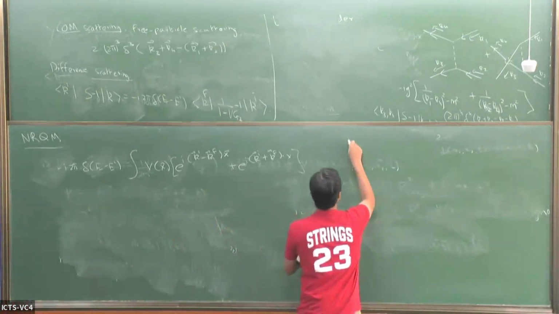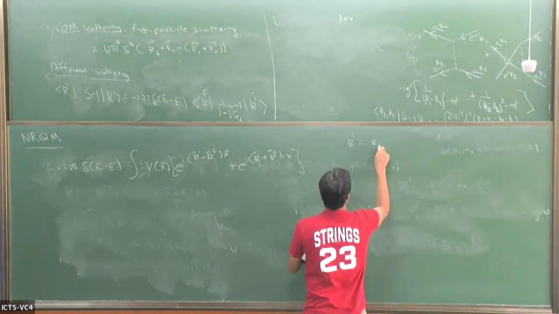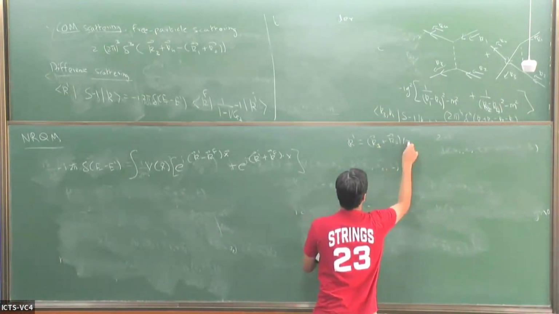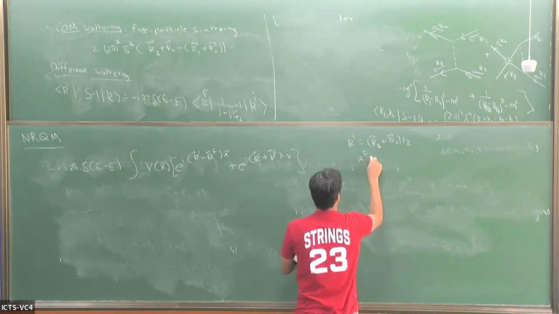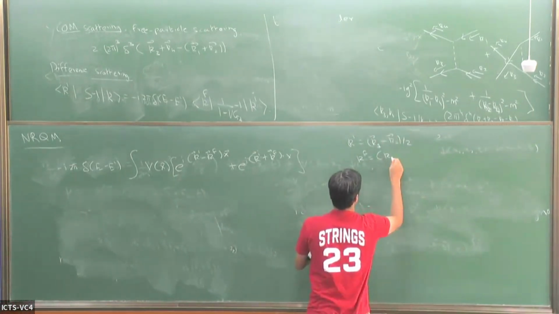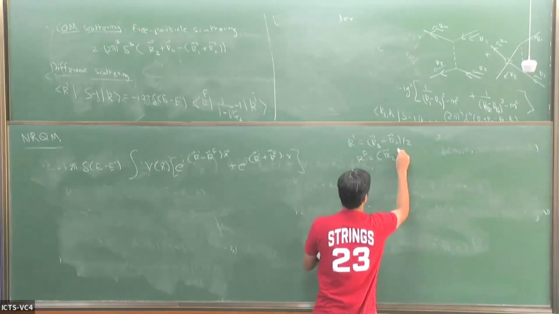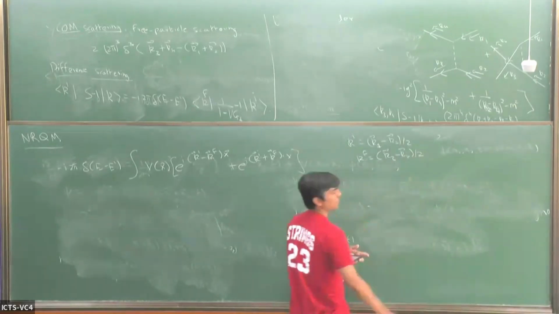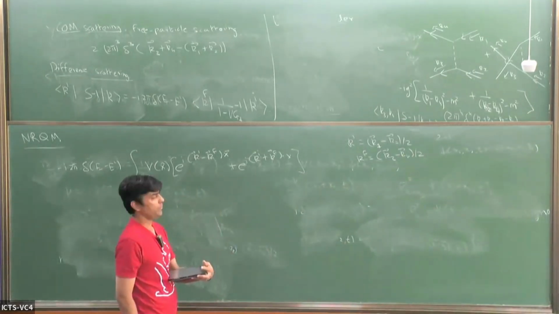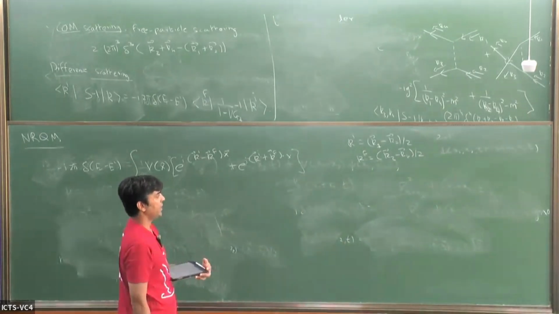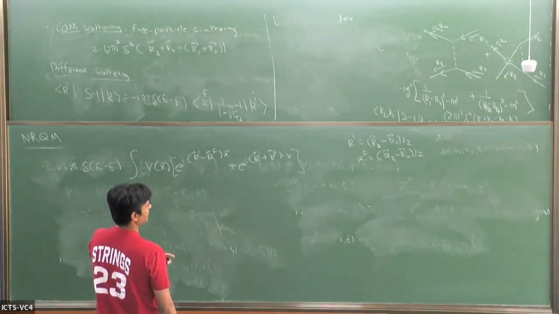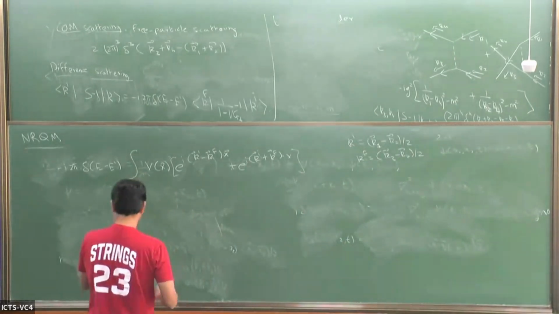Remember, ki is (k1 − k2)/2, and kf is (k3 − k4)/2. So what we are calling ki here is (k1 − k2)/2, and what we are calling kf is (k3 − k4)/2. Good.